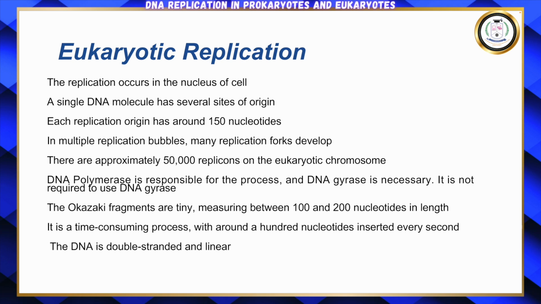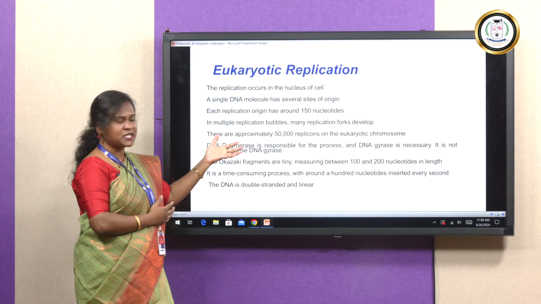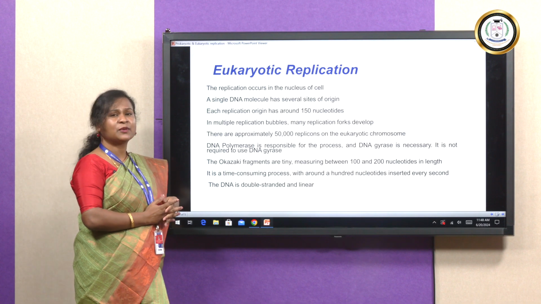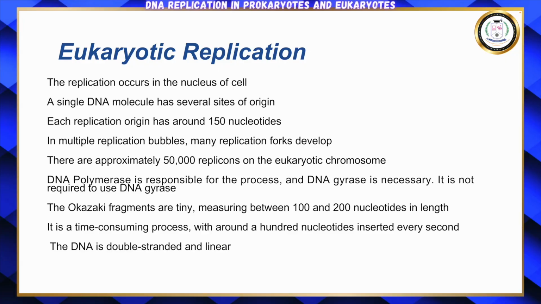So, at one point of time, there could be many replications taking place, and therefore we can see multiple replication bubbles, and there are approximately 50,000 replicons on the eukaryotic chromosome. DNA polymerase is responsible for the process, and DNA gyrase is also necessary.